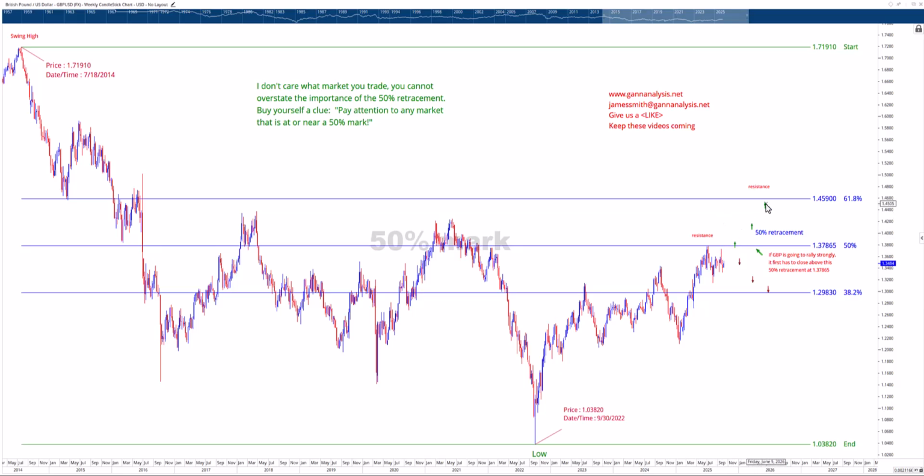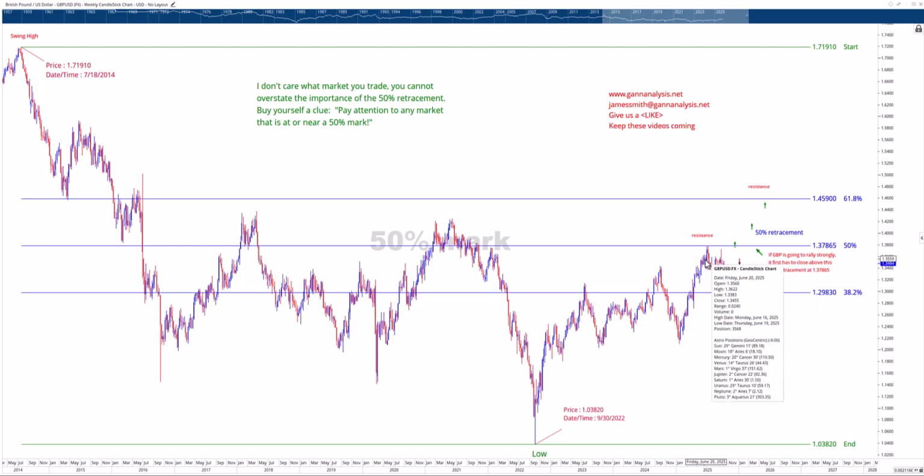So I have arrows going up and going down because it's not our view that matters, it's what the market does. If you let the market decide instead of imposing your own scenario, your own viewpoint, you're going to make money. The 50% retracement by far is one of the most important Gann tools you can come across.